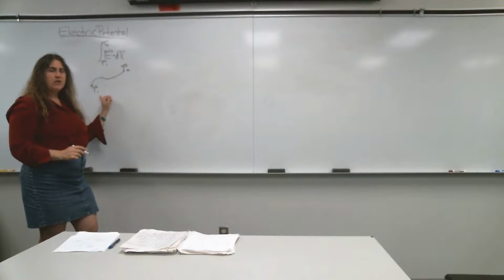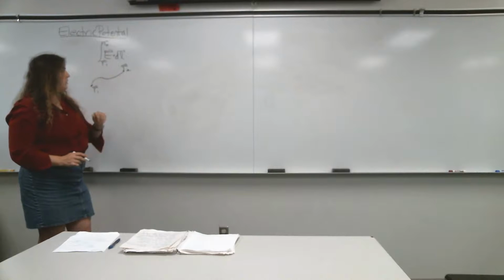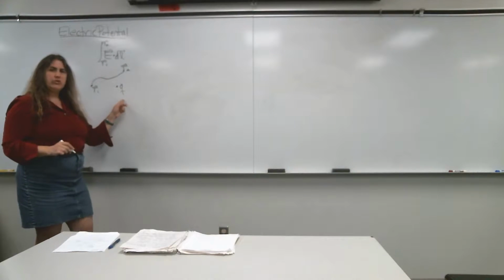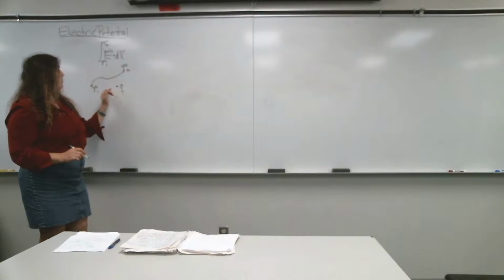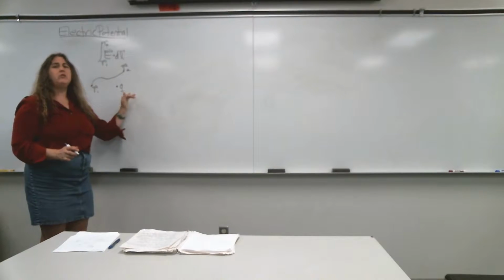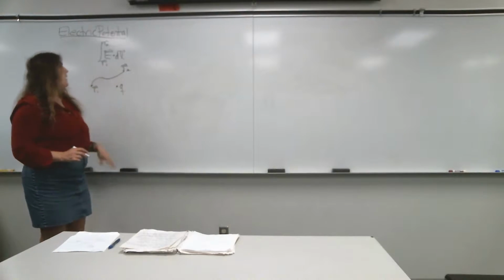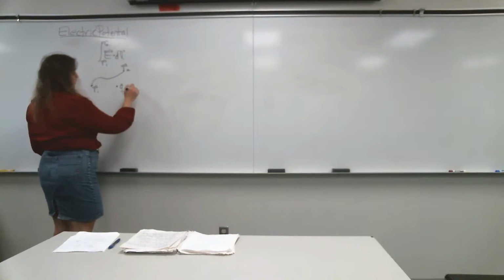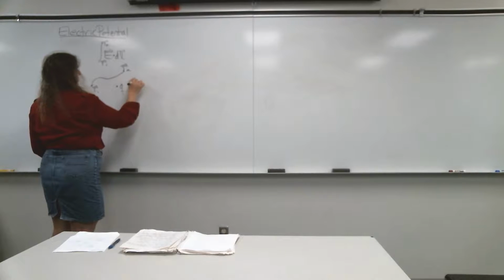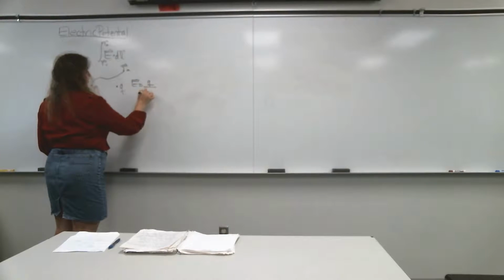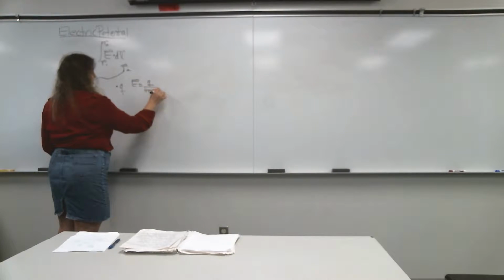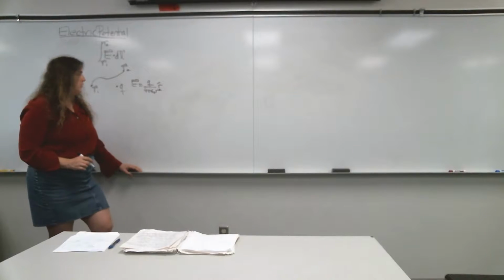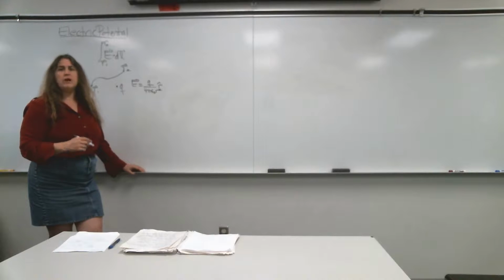So say I start at R1, wind up at R2, and here's my charge Q, and I want to calculate the line integral of the field due to this charge along this path. Well, the electric field due to a single point charge is just equal to Q over 4 pi epsilon naught r squared in the r direction, the radial direction.